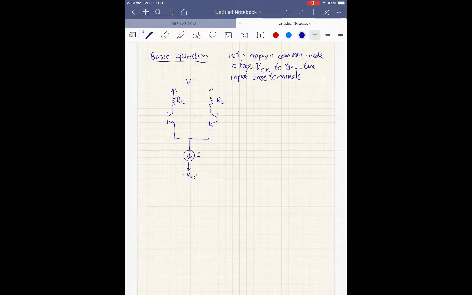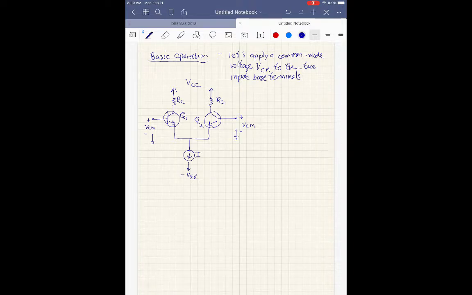This is RC, VCC. We've got a common mode voltage. Let's put a polarity in: plus, minus, we'll call this VCM. And we'll put another one over here, plus, minus, VCM. Q1, Q2.